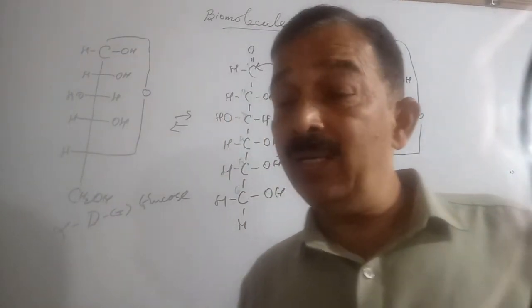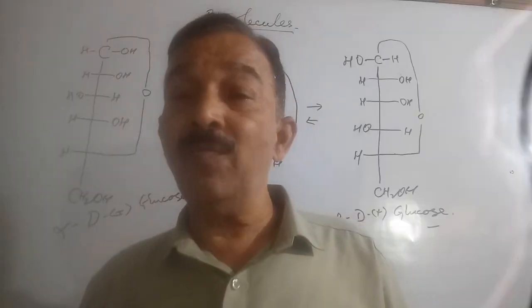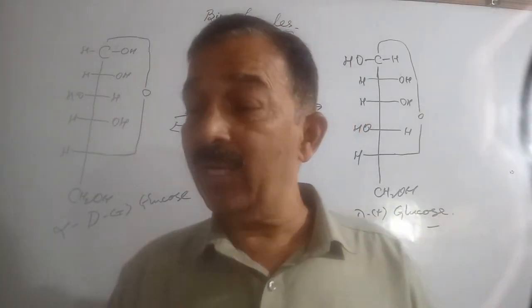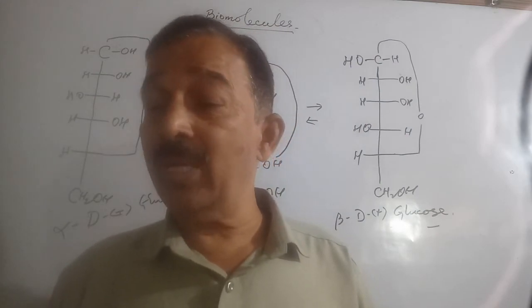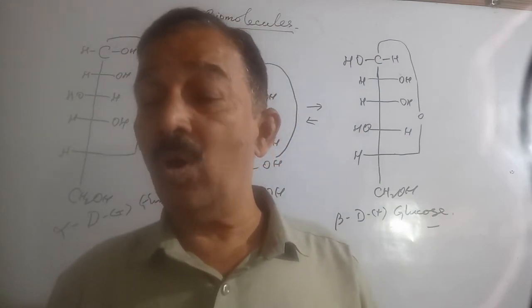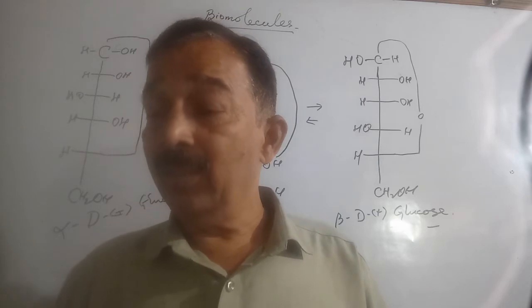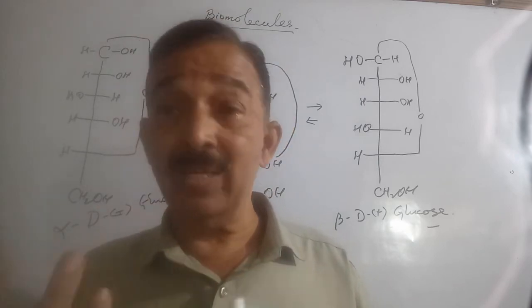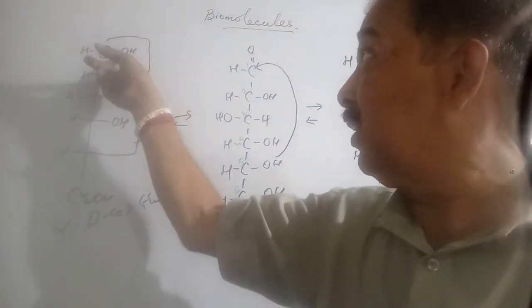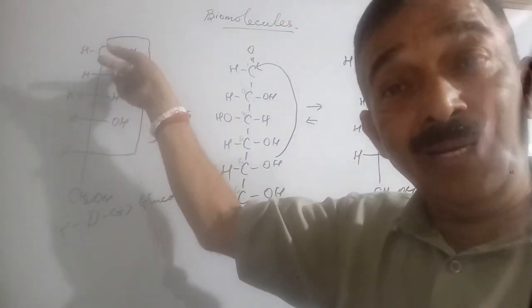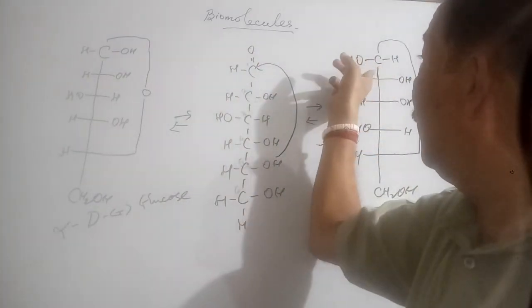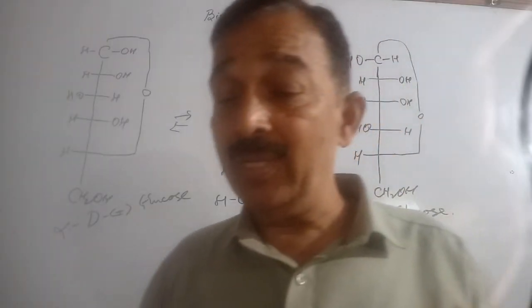The two cyclic hemiacetal forms of glucose differ only in the configuration of the hydroxyl group at carbon number 1, called the anomeric carbon, that is the aldehyde carbon before cyclization. Look at that. One is to the right hand side in alpha, whereas in beta form it is to the left hand side.